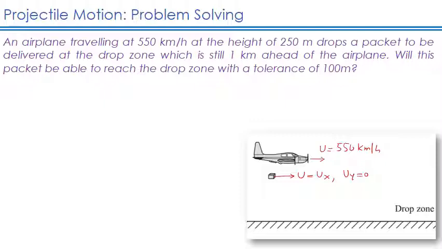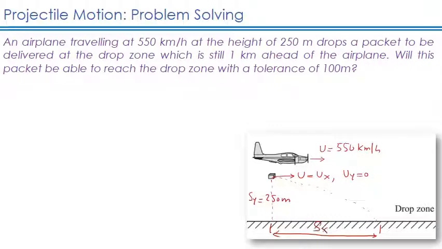So due to its initial velocity, the packet will go by making a projectile motion, and it is provided that Sy is 250 meters. So you have been asked to find whether it drops in the drop zone or not.